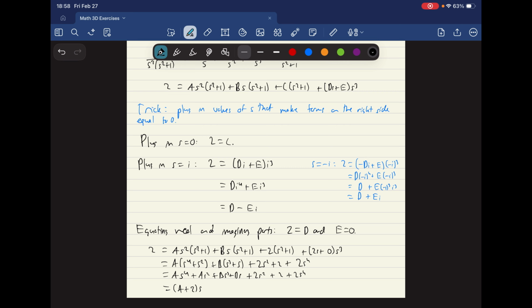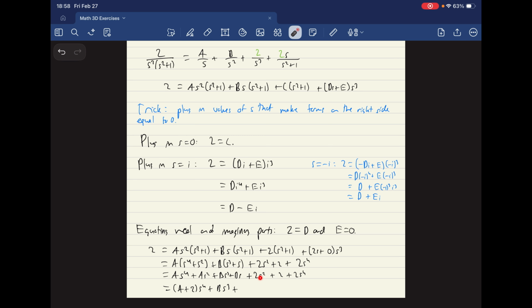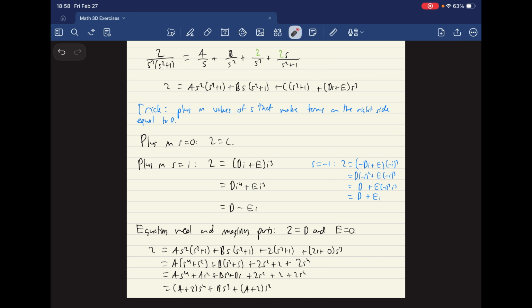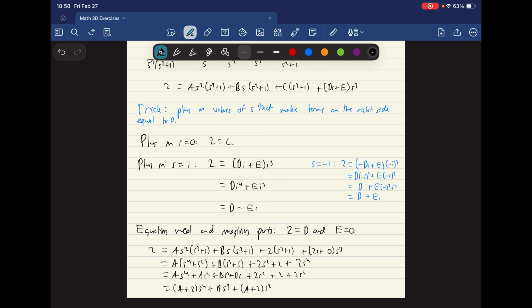And then combining like terms, we get a plus 2 s to the fourth plus b s cubed, and then our squared terms are a and 2, so a plus 2 s squared. And then for the linear terms, we just have b s plus 2.